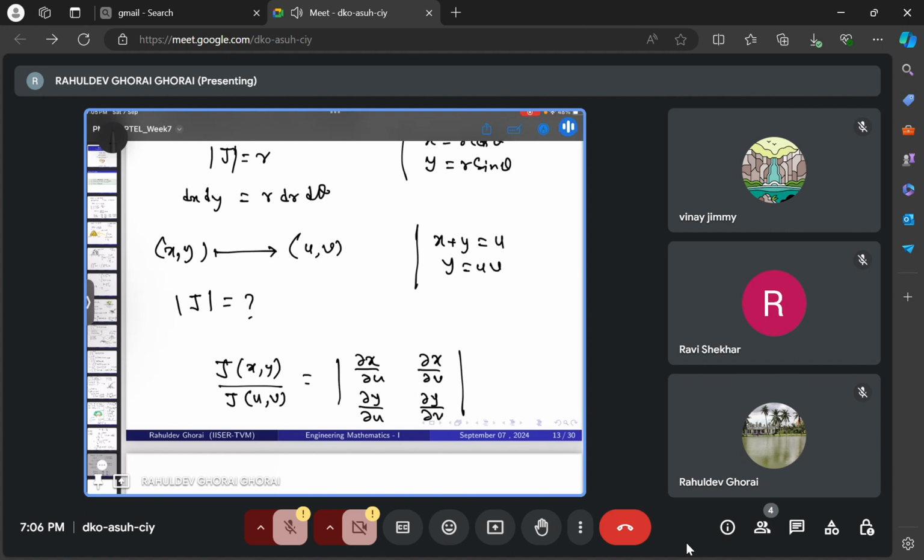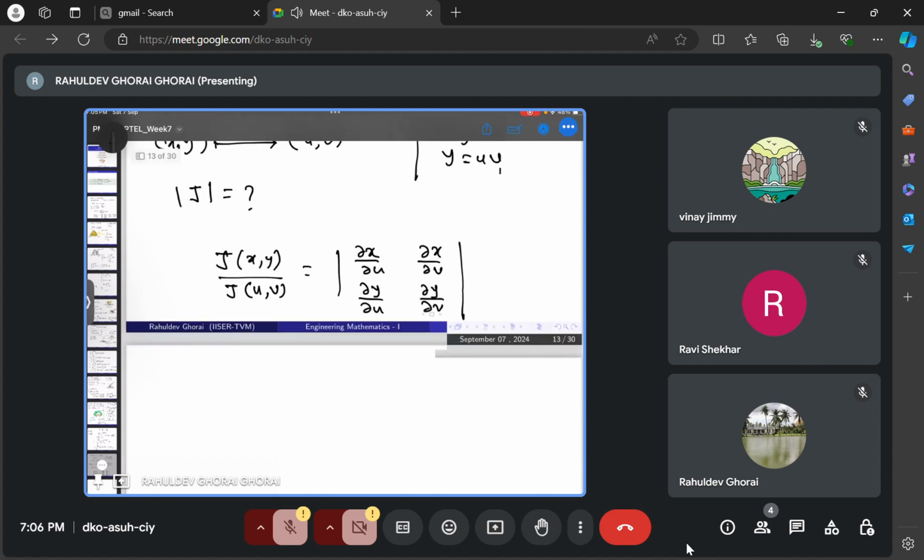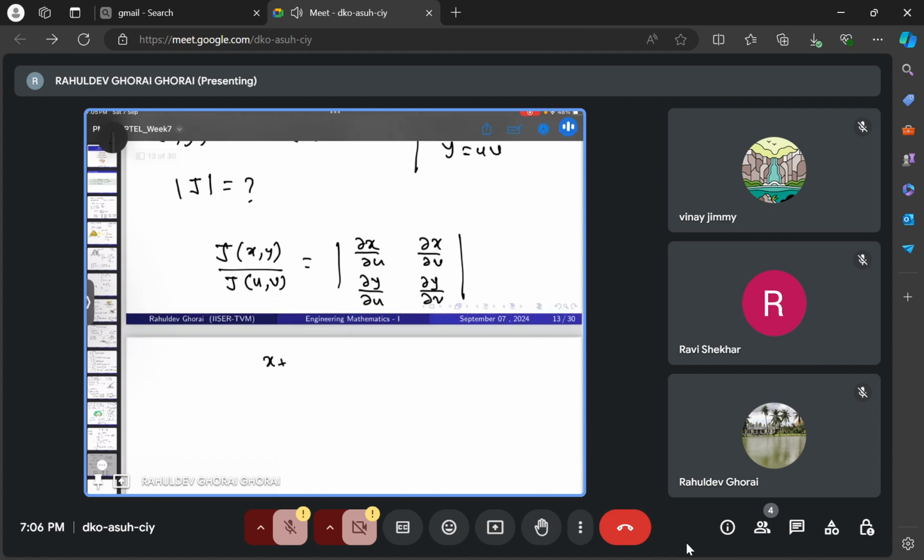Okay, so in this case, you have x plus y is equal to u and y is equal to uv, right? So that implies from here x will be u minus uv and y is as it is, uv.